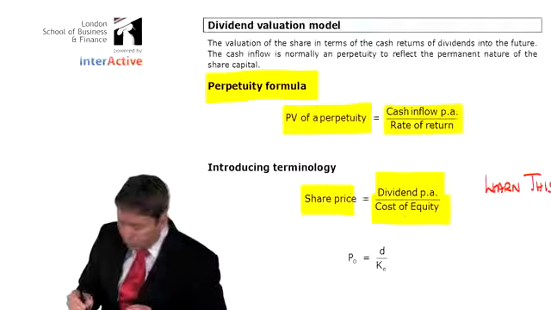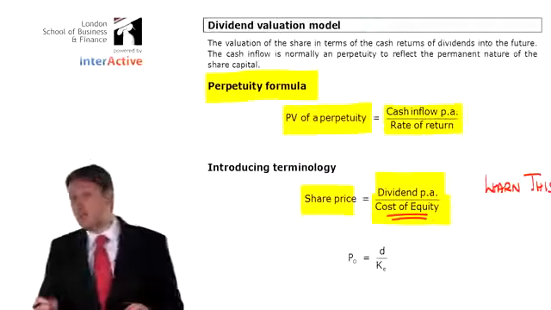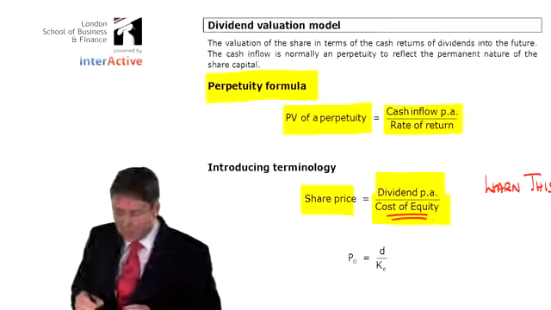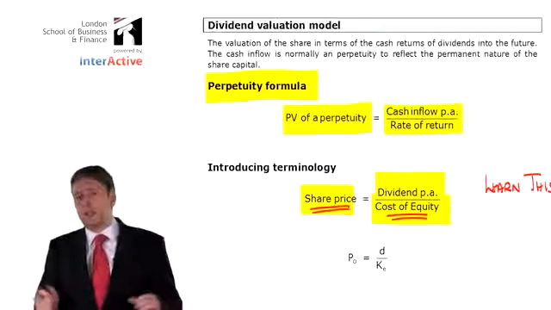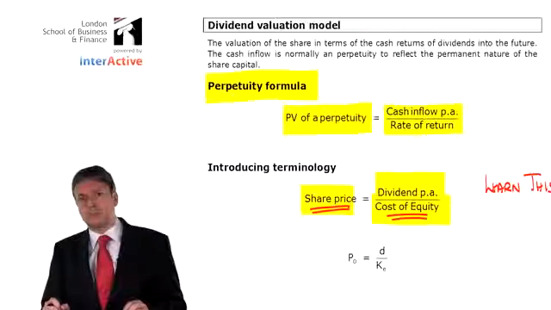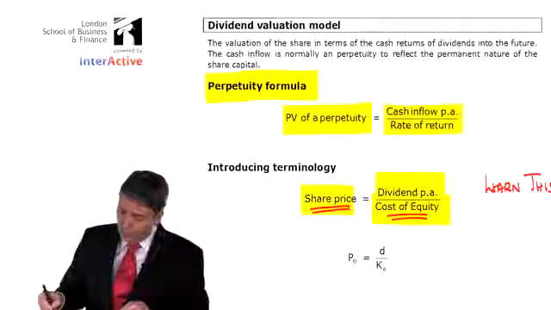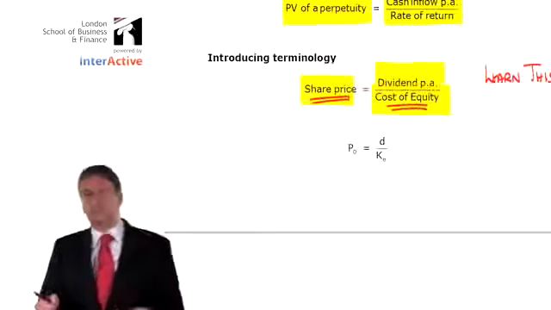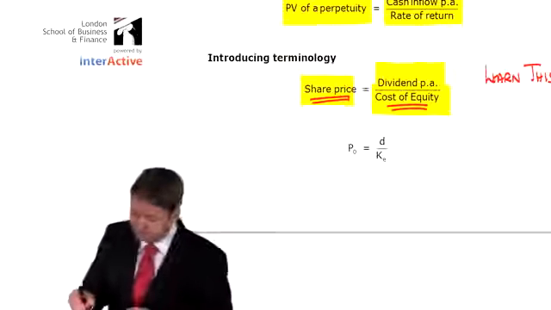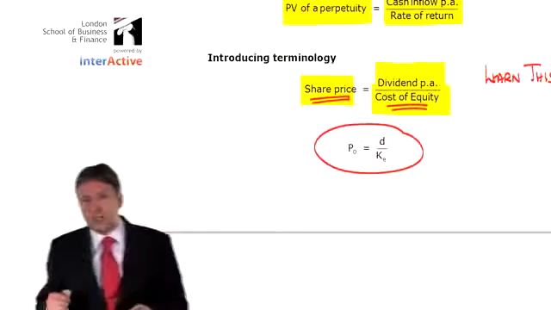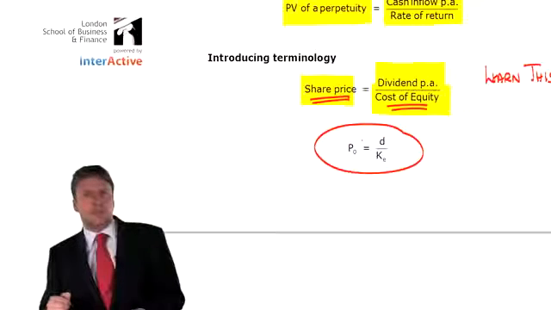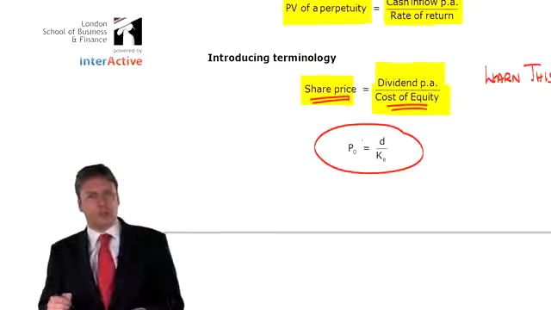And therefore, what we want to do is to calculate the cost of equity and not the share price. That comes later in the course. But given the formula we presently have, what we're able to do is to introduce a basic formula. P0 is the share price, D is the dividend, and KE is the cost of equity.